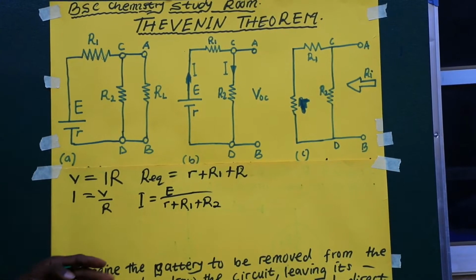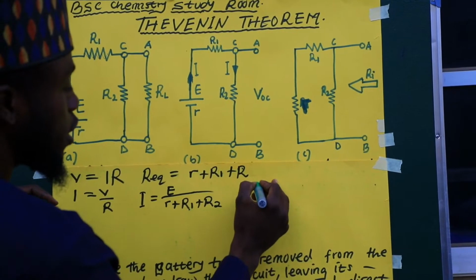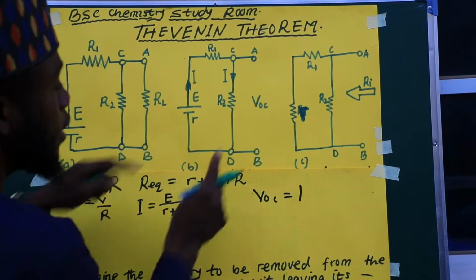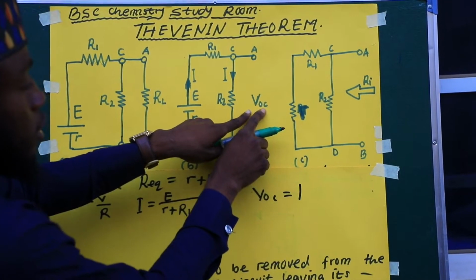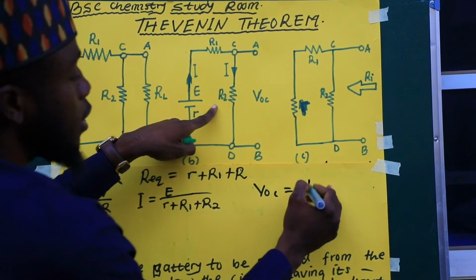So now we are to obtain VOC. VOC will be equal to I times R, and we know VOC is a voltage drop across R2, so we write R2.